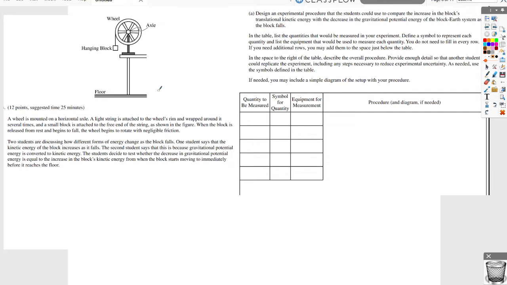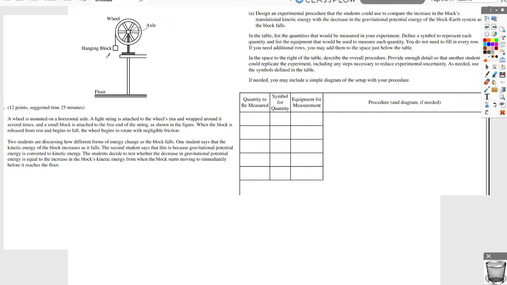Design an experimental procedure students could use to compare the increase in the block's translational kinetic energy with the decrease in gravitational potential energy of the Earth-block system. So, quantity to be measured, symbol for quantity, equipment for measurement. One of the quantities that we should measure is the distance.